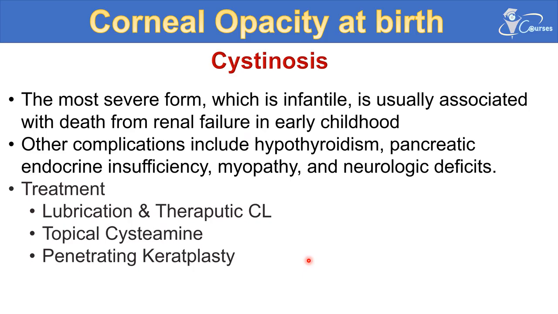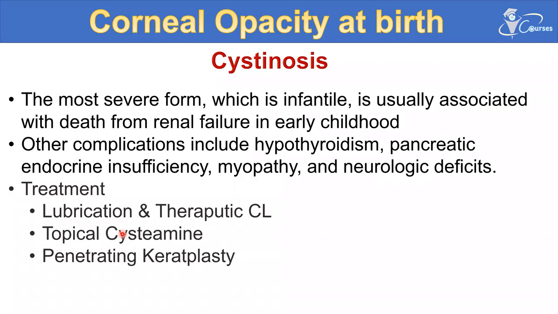Why? Because the cornea is avascular. This drug, this cysteamine, will not have access to the cornea. So the treatment is by topical cysteamine, not by intravenous or systemic. The problem is the frequent application: those patients need more than 20 or 30 applications during the whole day, because the cystine is accumulating very rapidly.